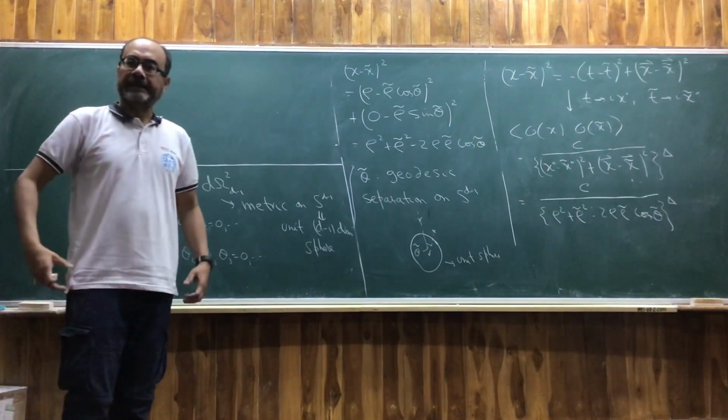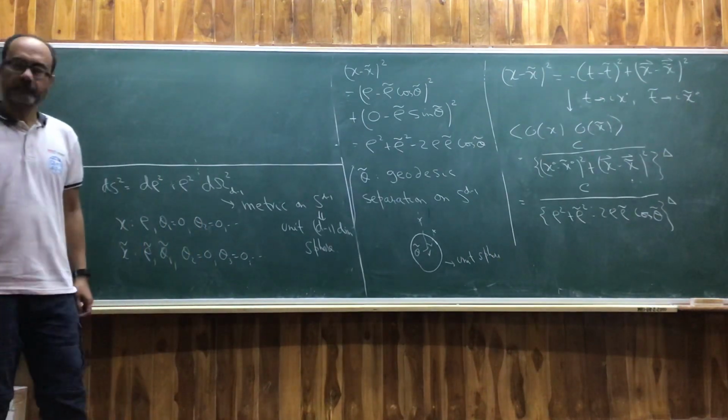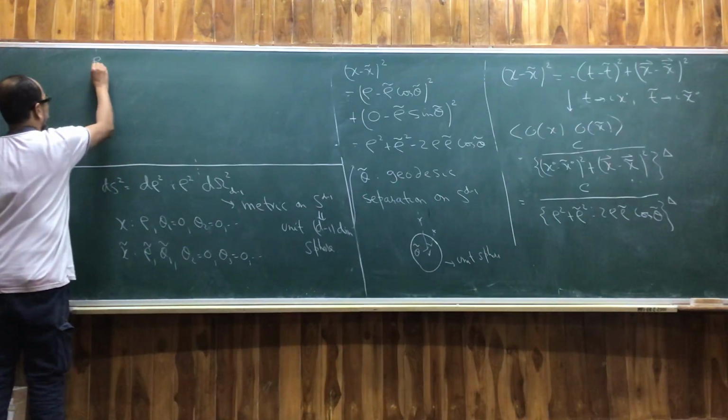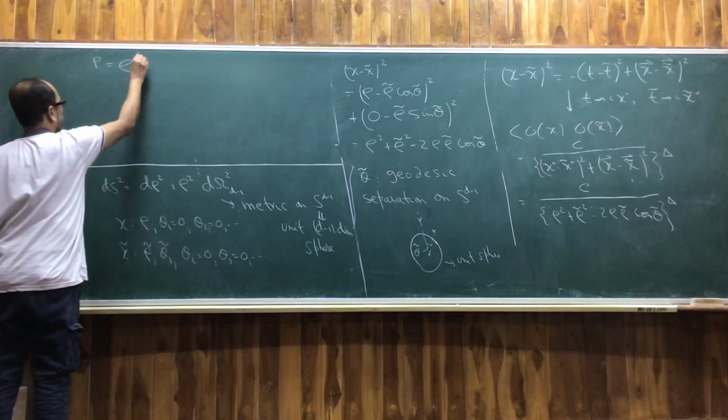So now we are going to make a change of coordinates, rho equal to e to the tau.